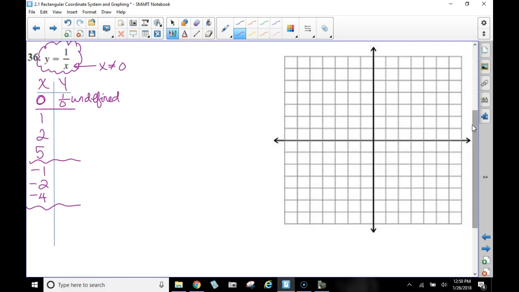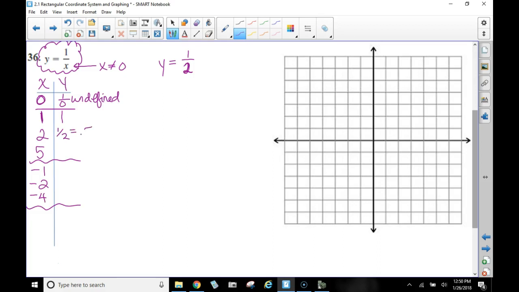Now, when we go to see what y would be for each of these values, let me first say, when x is 1, our equation's rule says y is equal to 1 over the x value. So when x is 1, y is equal to 1 over 1, which is 1. When x is equal to 2, y is equal to 1/2.